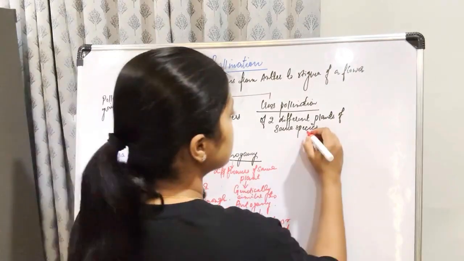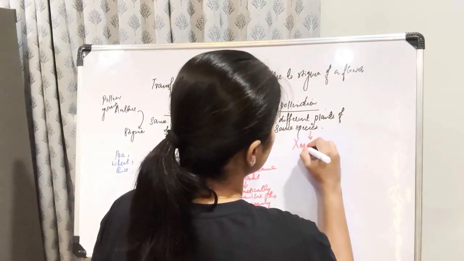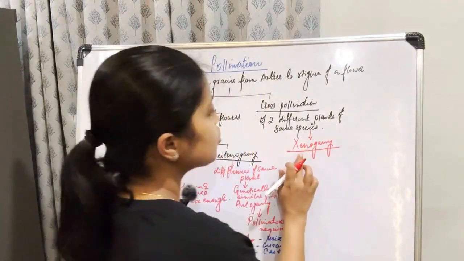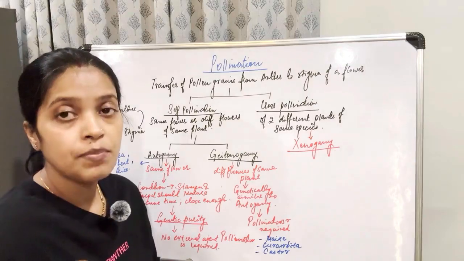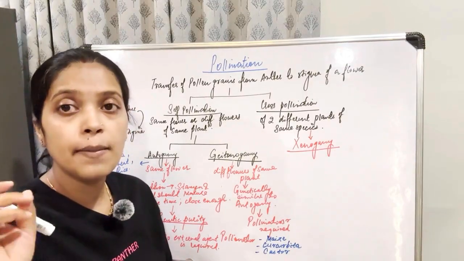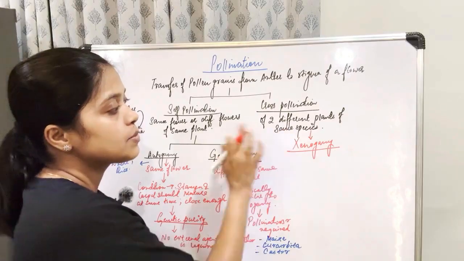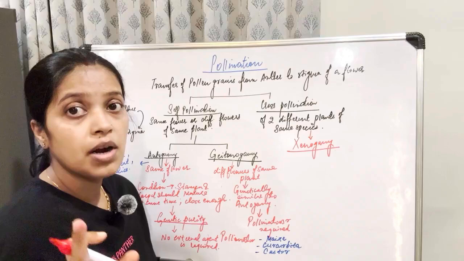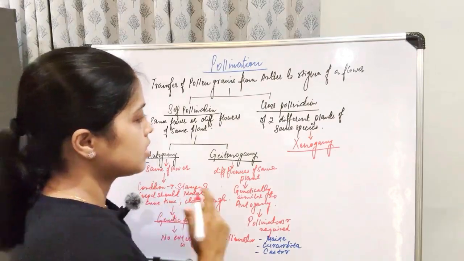The cross pollination type is called Xenogamy. It is the transfer of pollen grains from the anther to the stigma of two different plants of the same species, okay. It is happening between the same species but between two different plants, okay.